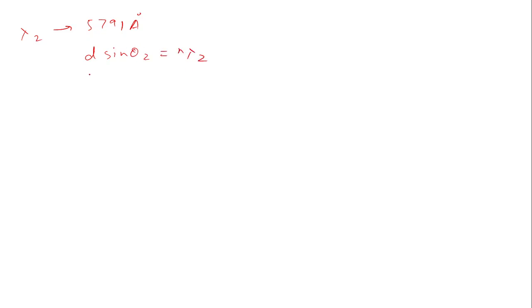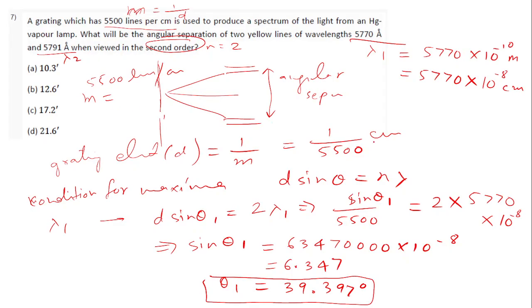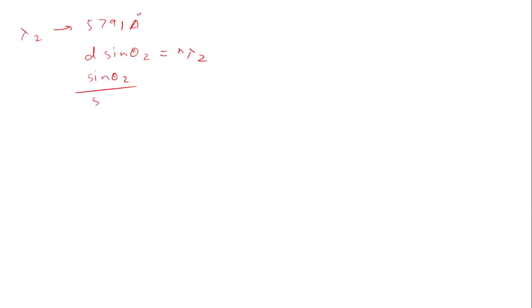So sine theta 2, and d is 1 over 5500, n is 2, lambda 2 is 5791 times 10 to the power minus 8 centimeter, because d is also in centimeters.